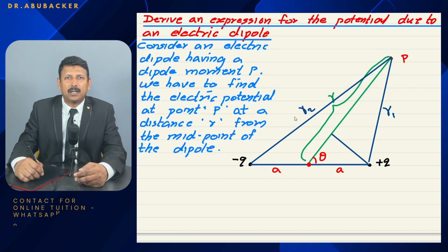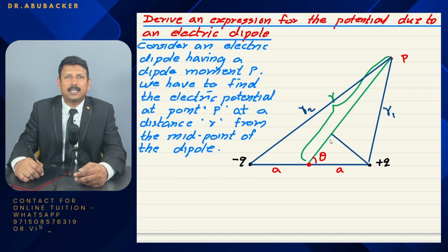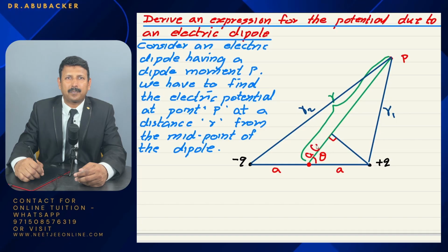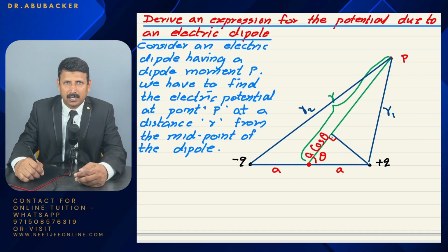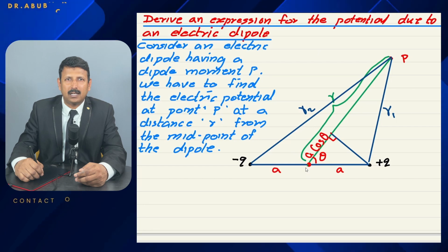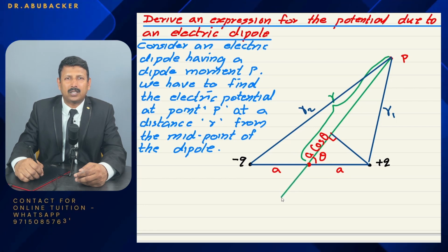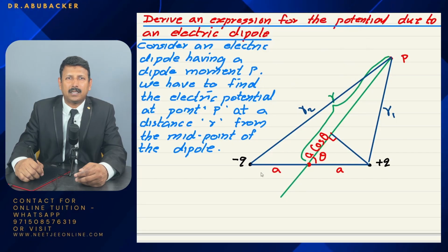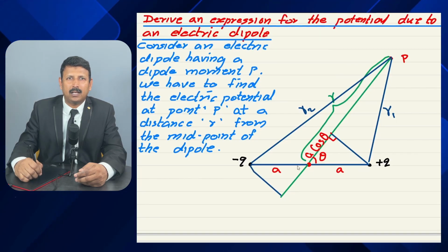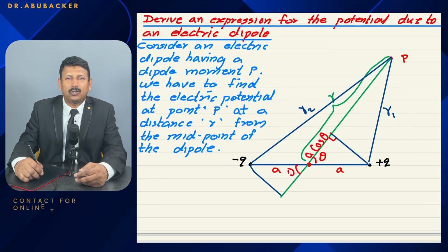Here draw one perpendicular line from plus q to that distance, from midpoint to point P. Now for the side of the small triangle, you remember, adjacent side will be hypotenuse into cos theta. Extend that line to the minus q side also, until it becomes perpendicular to the minus q. Then draw a line from minus q, so 90 degrees, they are perpendicular. Vertically opposite angle, right? So theta is equal to theta.